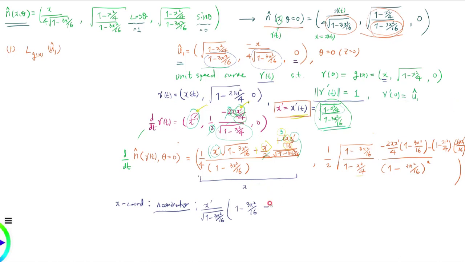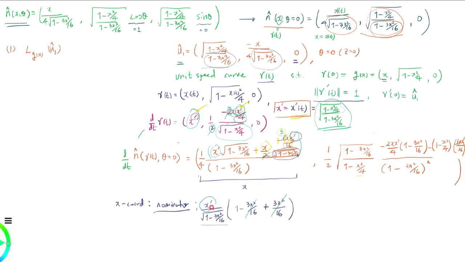So plus 3, and x prime is common, so what's left is 3x squared over 16. Okay, and this 1 over square root of 1 minus 3x squared over 16, which I have already pulled out, so those two terms are cancelled.